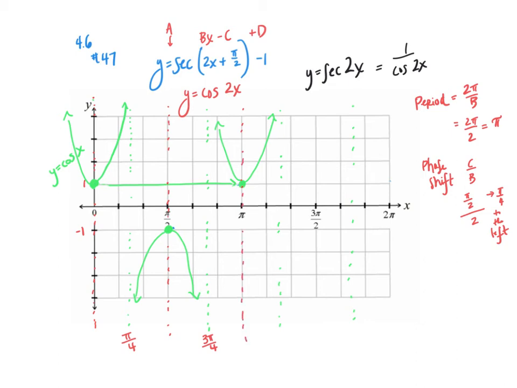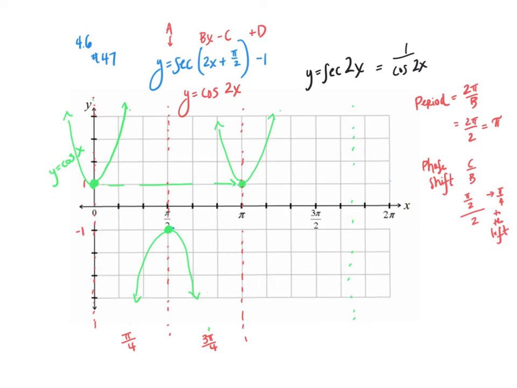So what that means is we no longer are going to have the green asymptotes. And of course I could keep going. And then your other points are going to shift pi over 4. So instead of this point at pi over 2, -1, it's going to shift to the left pi over 4.